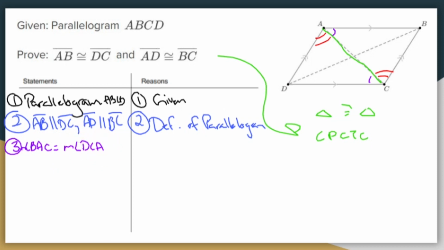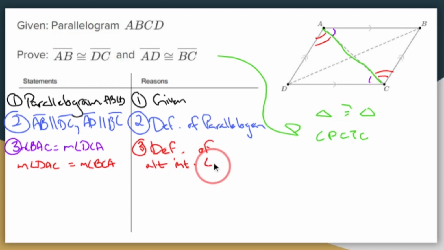And for the red ones, we'll put it in red. The measure of angle DAC is equal to the measure of angle BCA. Forgot to say the measure of angle. Don't want to be wrong. The measure of angle, what did I say, BCA? And that's the definition of alternate interior angles.